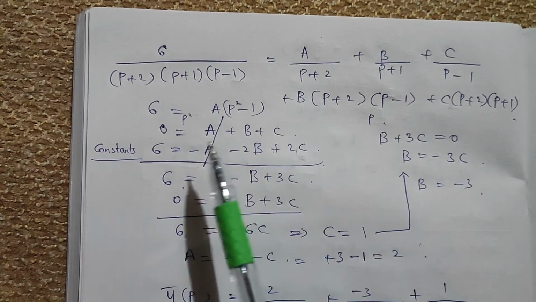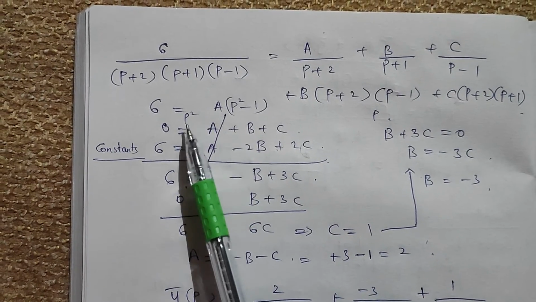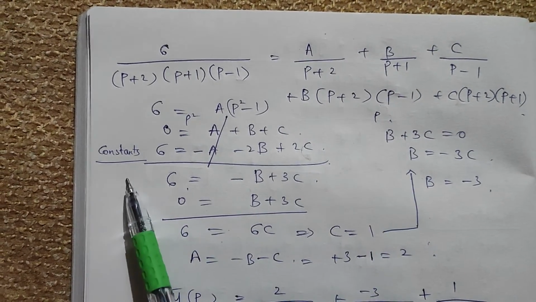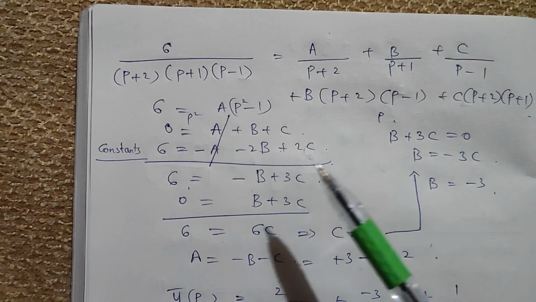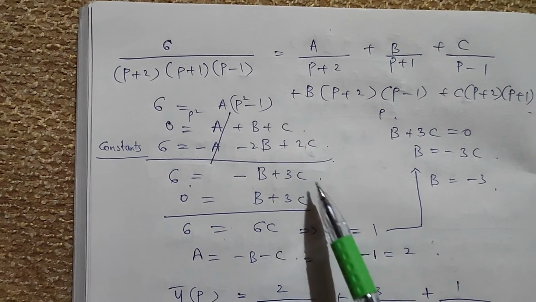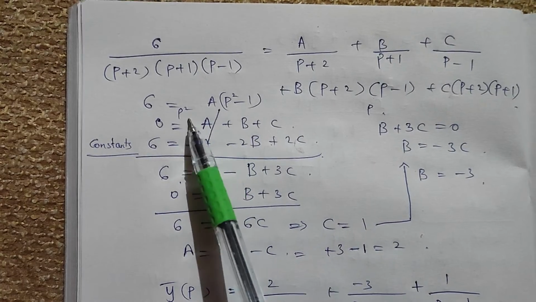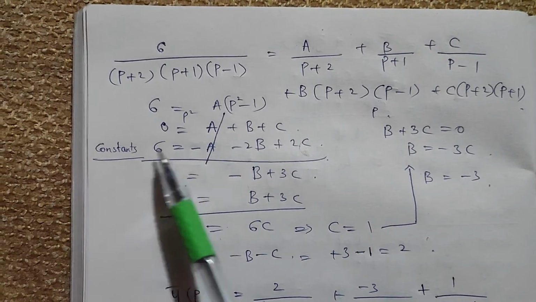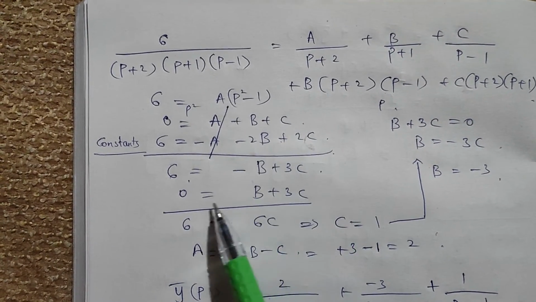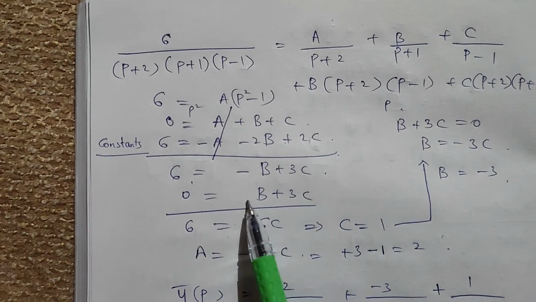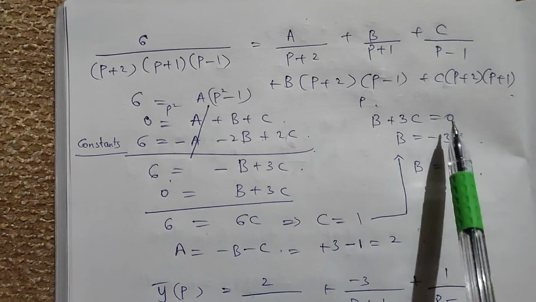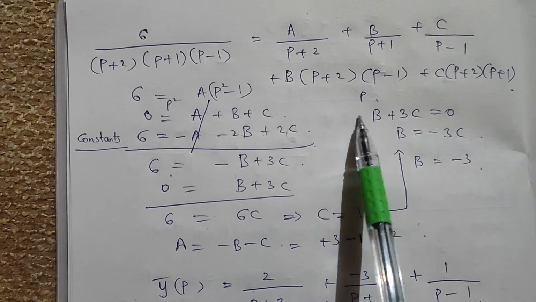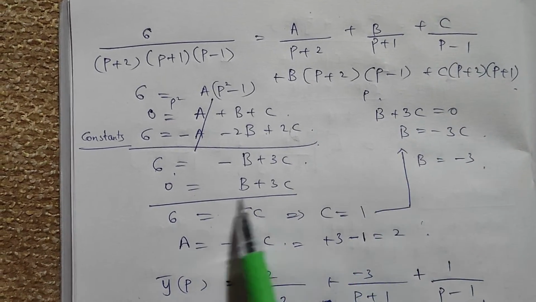So now observe the coefficient of p square, coefficient of p and constant terms. After observing that, if you simplify it, you can solve any two equations. I'm solving the p square coefficient and constant terms. So on solving this, I'll get 6 is equal to minus b plus 3c, and we have the coefficient of p, that is b plus 3c is equal to 0.